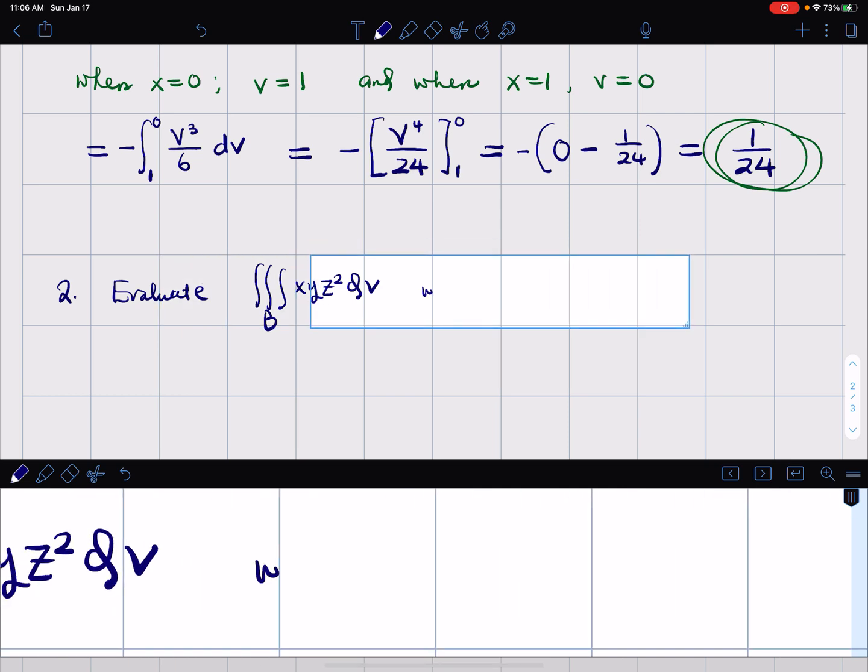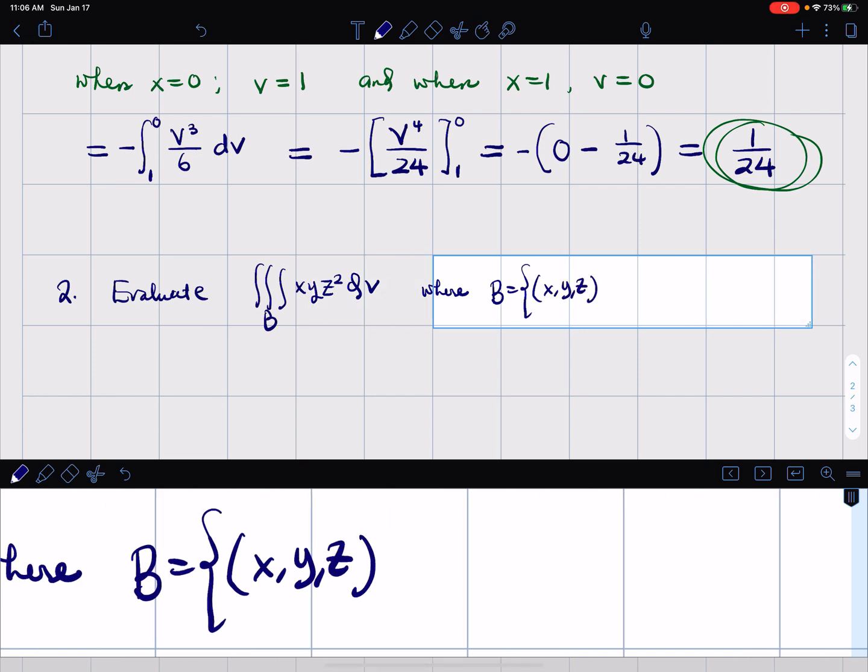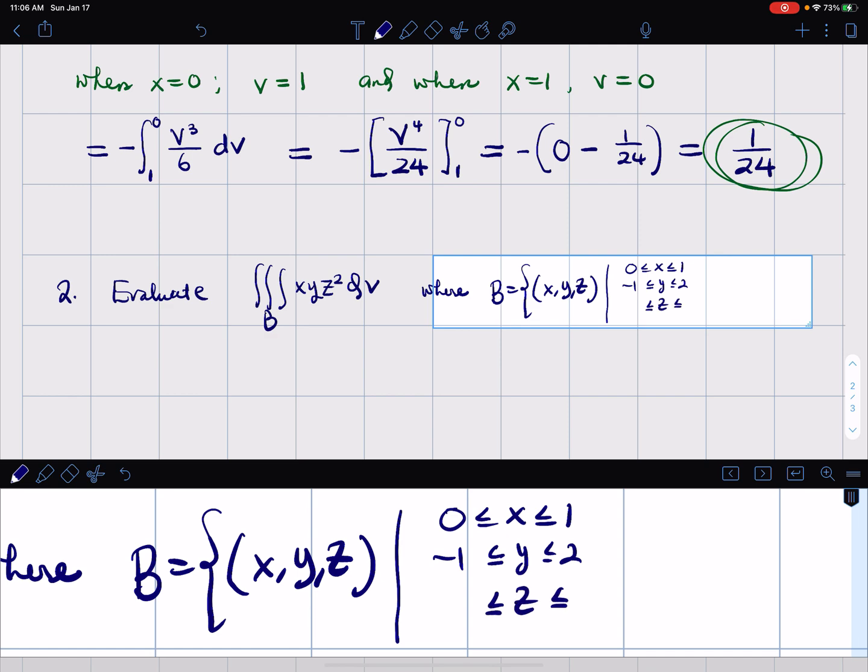All right, I think it uses b, where b is x y z. All right, x is between 0 and 1, y is between -1 and 2, z is between 0 and 3.